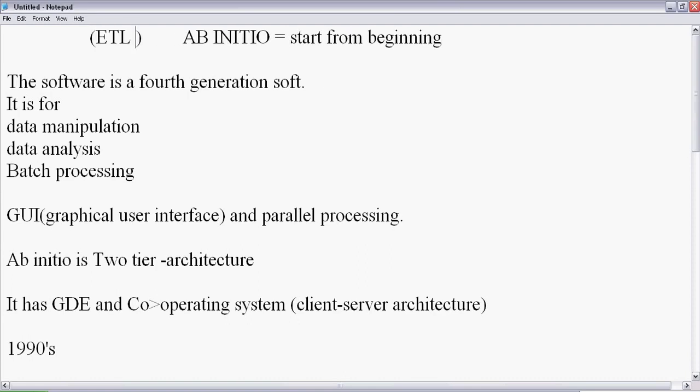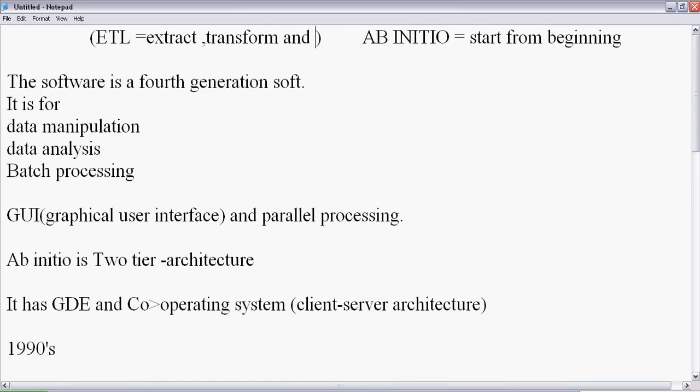ETL means extract, transform, and load. So Ab Initio is an ETL tool. The meaning of Ab Initio is start from the beginning.